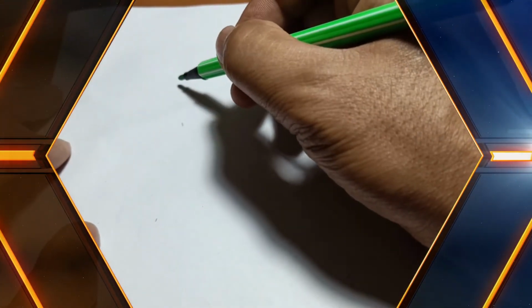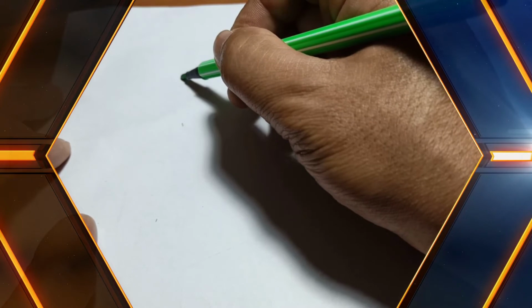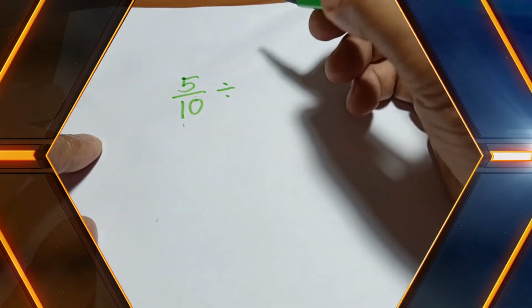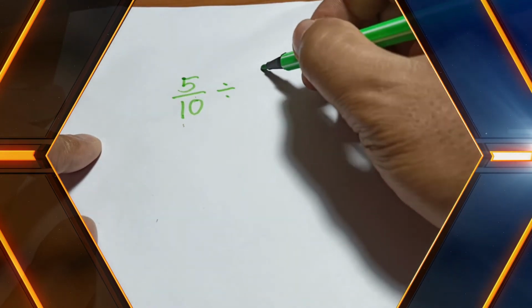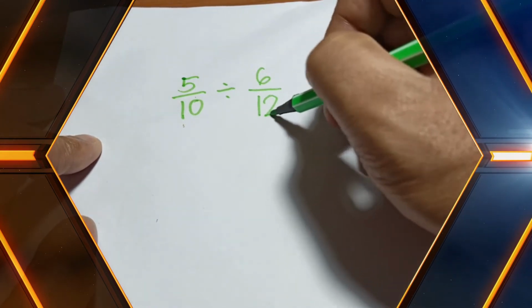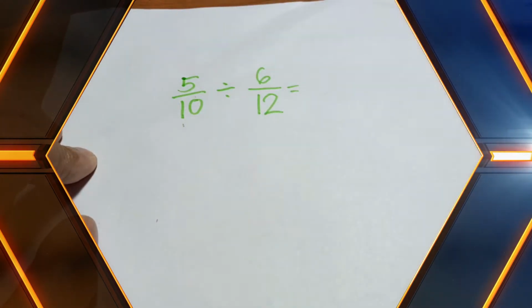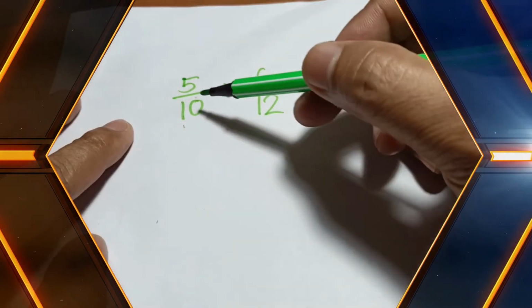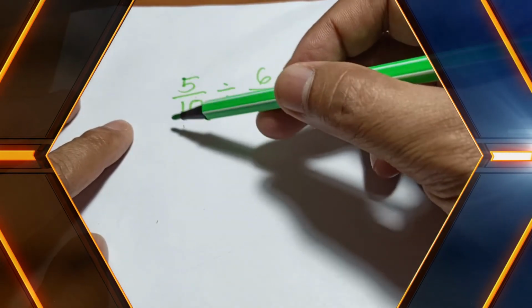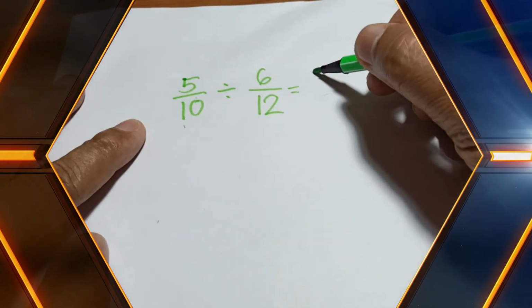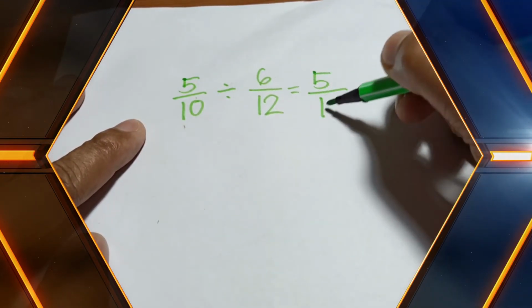For the third example, if you have 5 over 10 divided by 6 over 12. Again, what is the first step? The first step is you copy the dividend, the first fraction, which is 5 over 10.